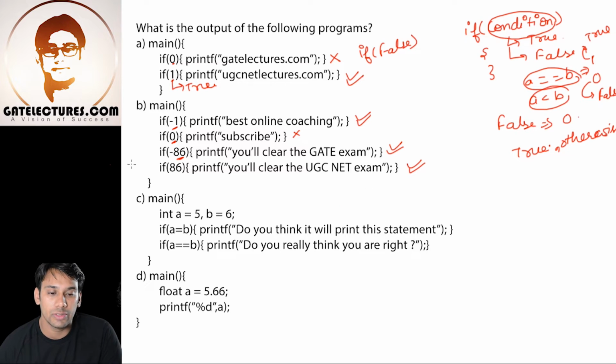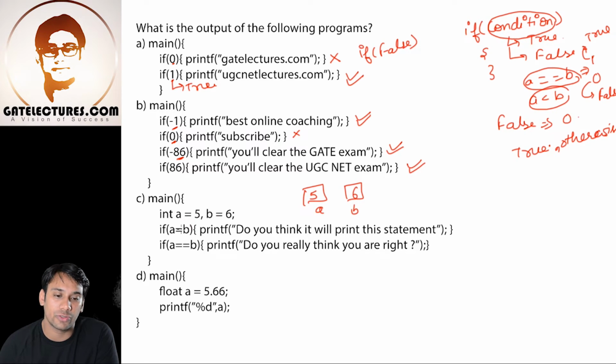Okay, so now check out this program. In this program we have two variables a and b. The value stored in a is 5 and the value stored in b is 6. First of all they have written if a single equals b, and in the next statement we have a double equals b.